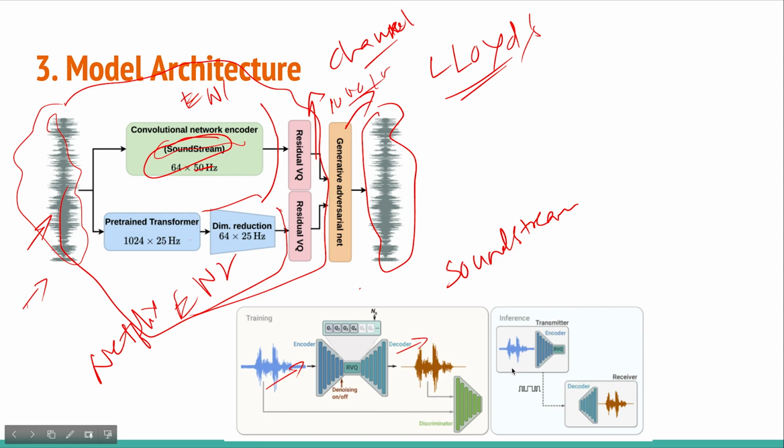And during inference time, what happens is you take the encoder, which is called a transmitter in DSP terms, right? Let's take an example of Hangouts. Let's say you're calling a friend, and your friend is calling you.